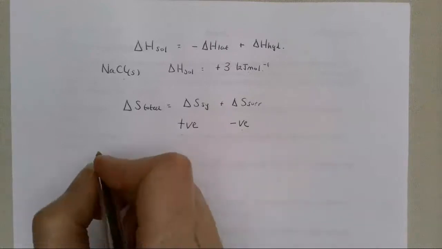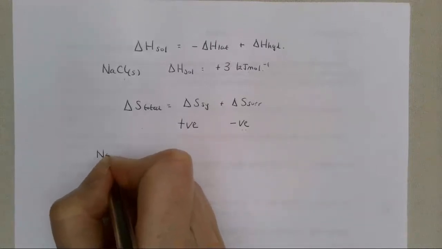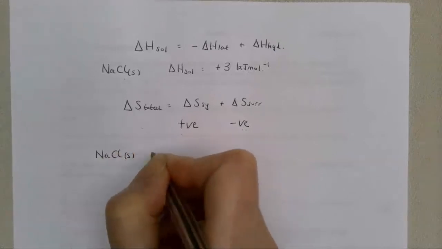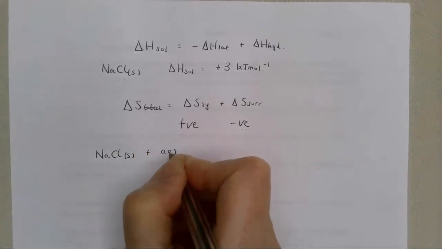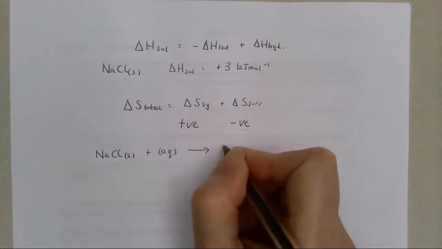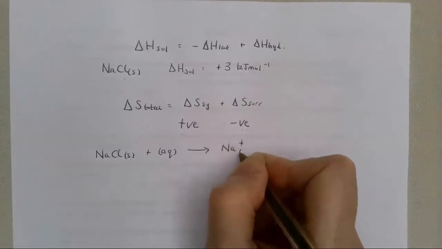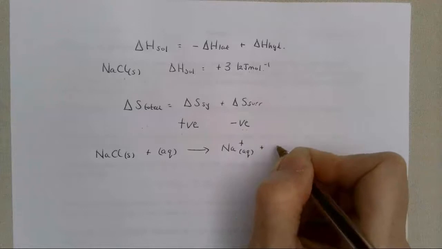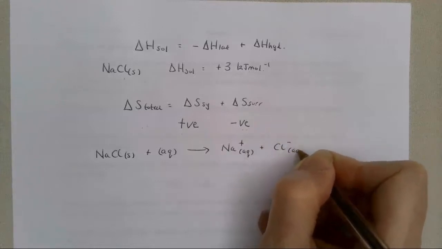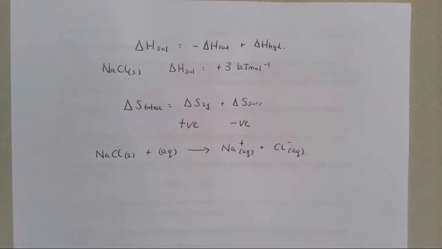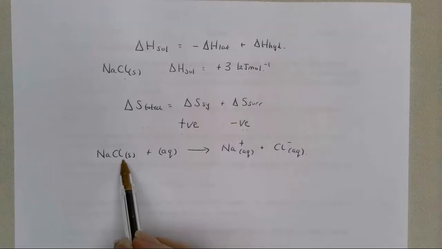So we want this delta S system value to be a larger positive value than this surroundings is a negative value. And if we look at the equation, we've got sodium chloride, solid, dissolving in some water to make sodium aqueous ions and chloride aqueous ions. And we can see quite clearly from this that we are going to get a positive delta S system in terms of the ionic lattice.